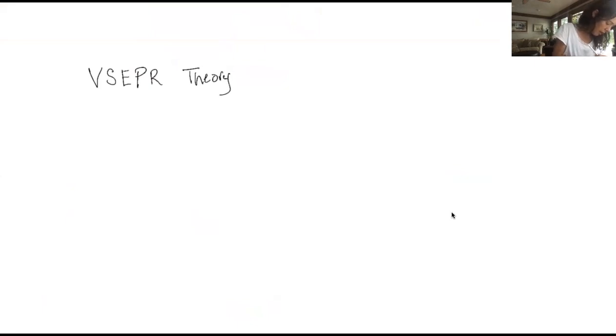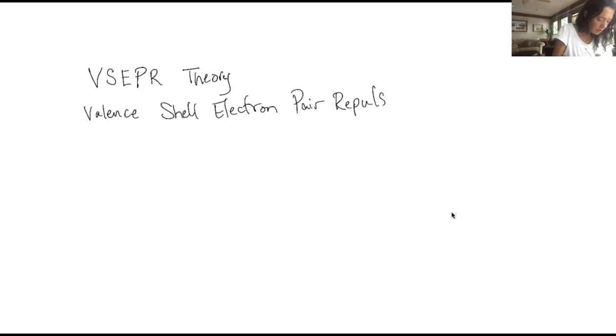It provides a model with which we can determine the shapes of molecules or parts of molecules. From there we can determine the polarity of the molecules, and from there some relative physical properties of molecules, and learn some more things.